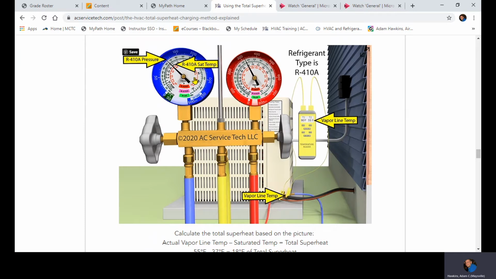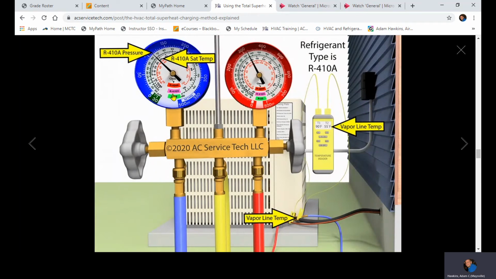So here's a good image. In this case, he's got his gauges here. Looks like 410A refrigerant is in the middle. So if you trace that up, you've got about 38 degrees, which is about 115, 120 pounds.